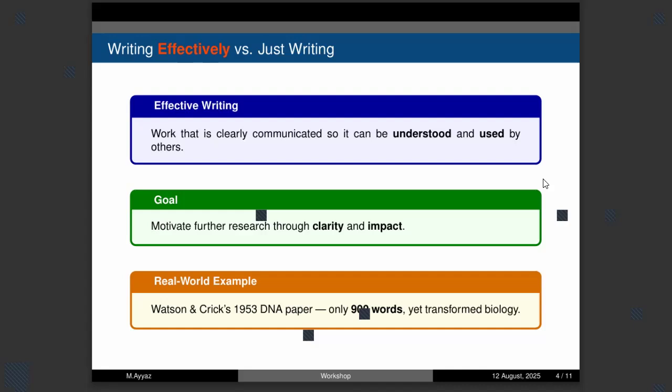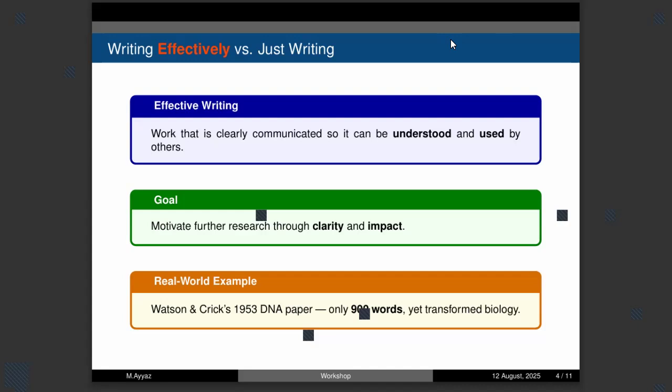It also makes the job of the reader quite easy. So the goal of effective writing is to enhance the clarity and impact of our research work.